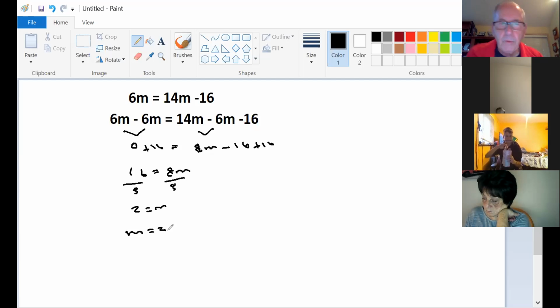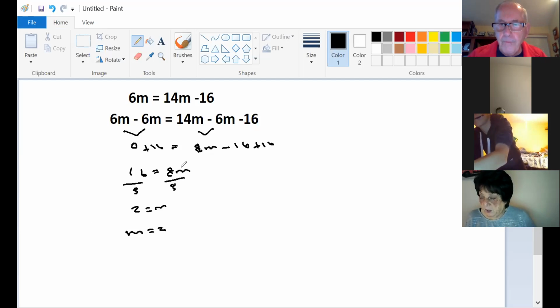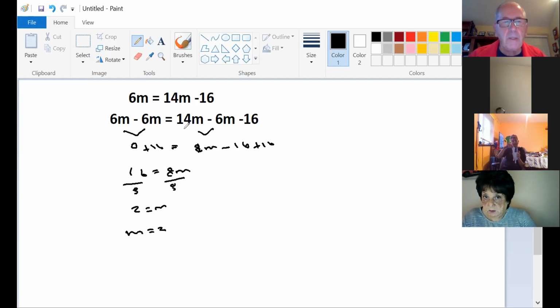That makes sense, Kath? Where were you confused on that? What part? The whole thing, I mean, I don't get the 6m, subtract 6m. I mean, I can understand that that goes to 0, but how does Yeah. it equal 14? It doesn't equal to 14.